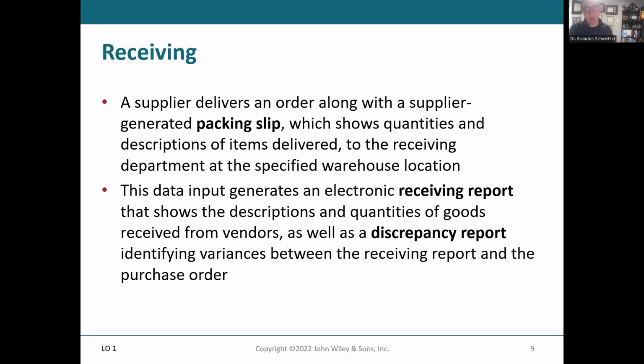We're verifying, yes, we received exactly what it is. And if there are any discrepancies between what we received and the purchase order, then we prepare what's called a discrepancy report, and we send that back to our vendor. And then any adjustments can be made, whether it be a returns and allowances type of adjustment or whatever.